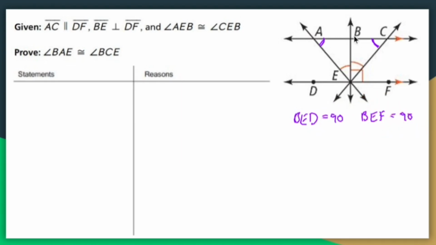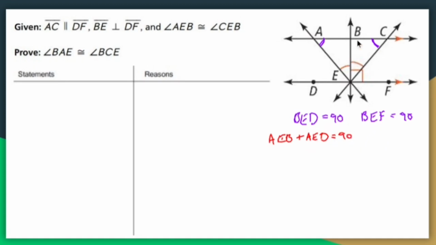I know that BED is BEA. Actually, they want me to do AEB. I hate it when they put it out of order. BED is these two guys added together. So AEB plus AED, a shocking angle, if you get it, you get it, is 90.